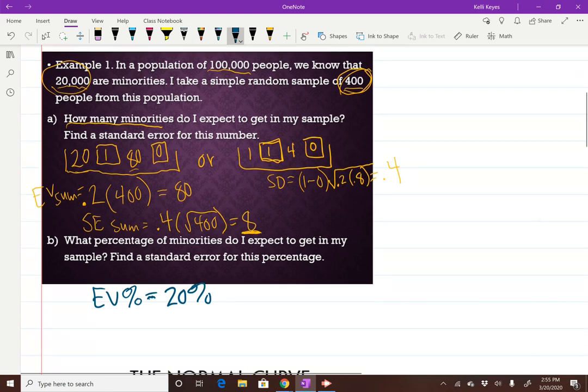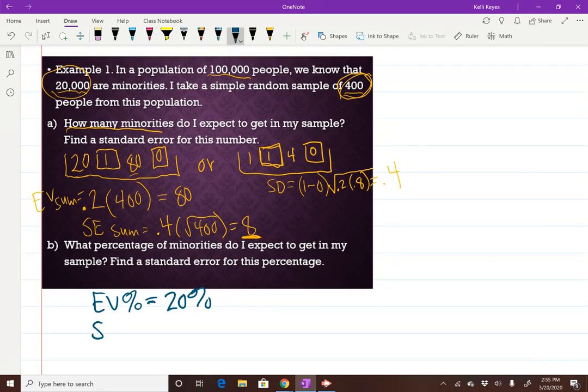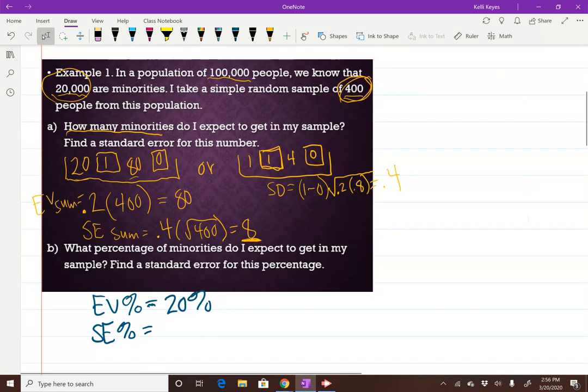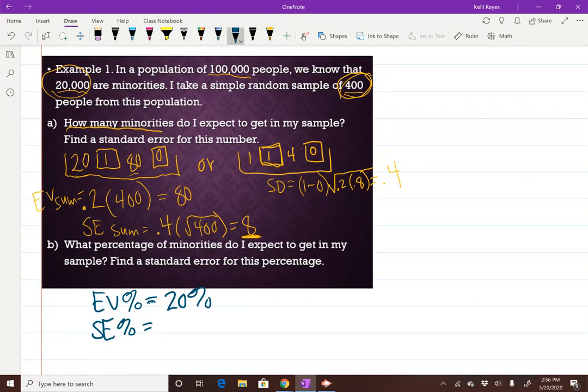And then the SE percent, now that we already know the SD, right? So I'm going to use this formula up here, which is the SD of the box. So the SD of the box is 0.4 divided by the square root of the draws times 100 to make it a percent. Because that 0.4 divided by the square root of 400 will just be the decimal.